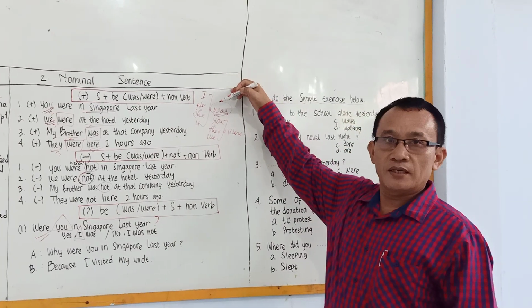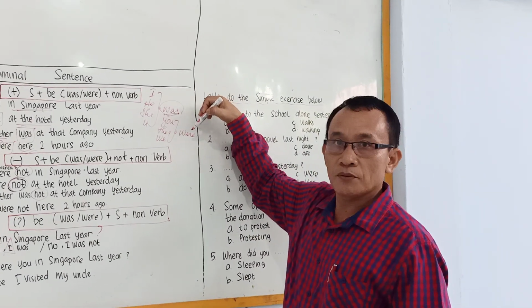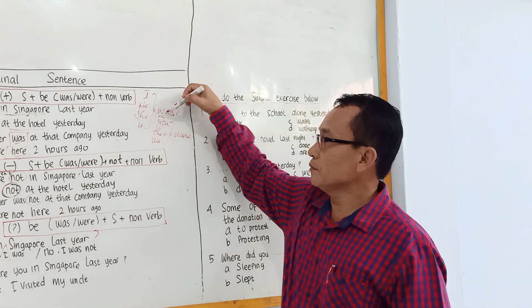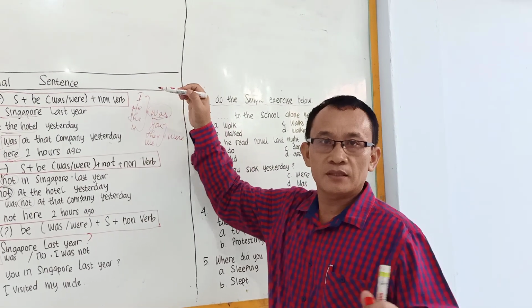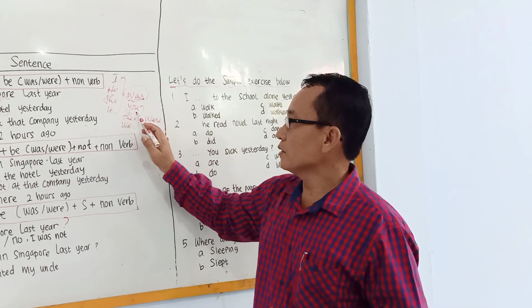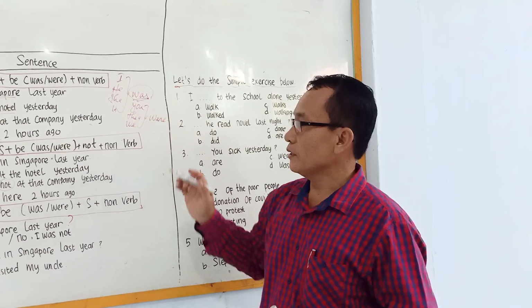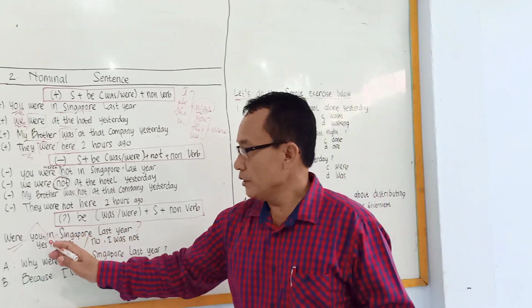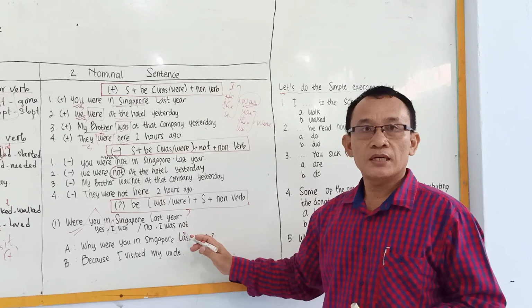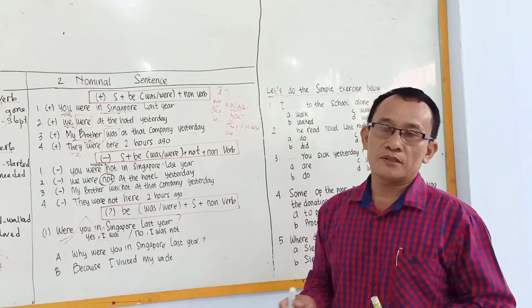Here is the key of when to use was or were. I was, he was, she was, it was. It can be dog, animal, one. So it was, you were, they were, we were. Were you in Singapore last year? Yes, I was. No, I was not. Or no, I wasn't.